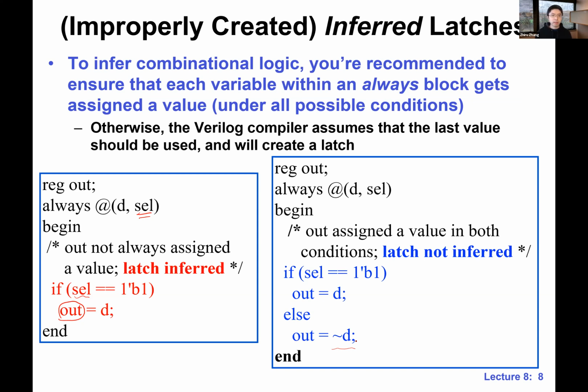And make sure that under any given input combination, if you intend to design combinational logic, the output signal is assigned. So what is this? This is really a mux. Over here we have a mux, D and D not, assigned to out, and we use select here.